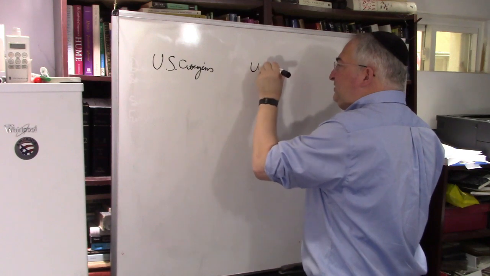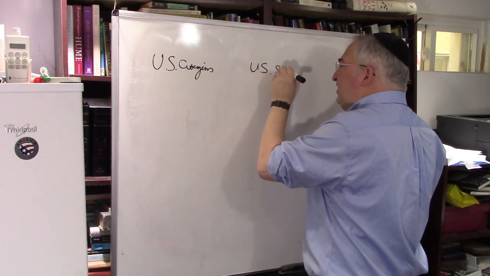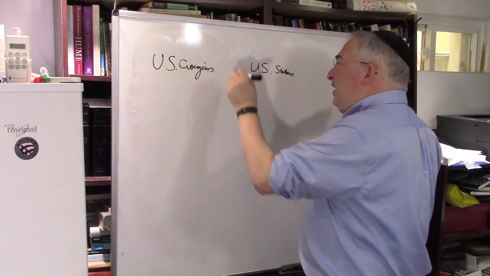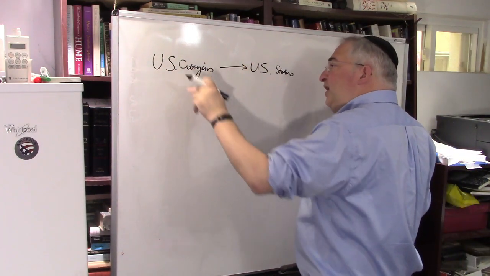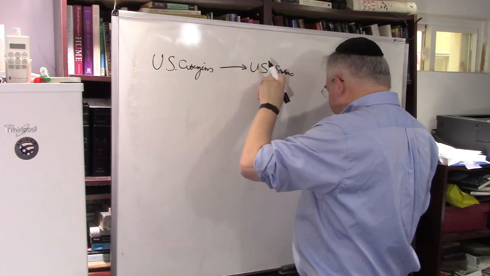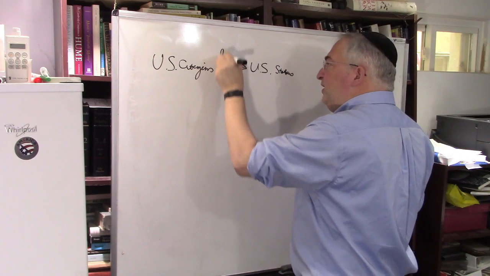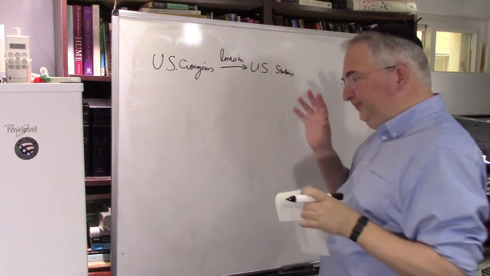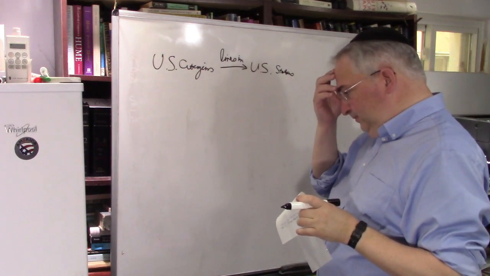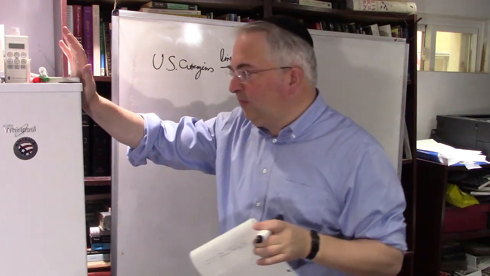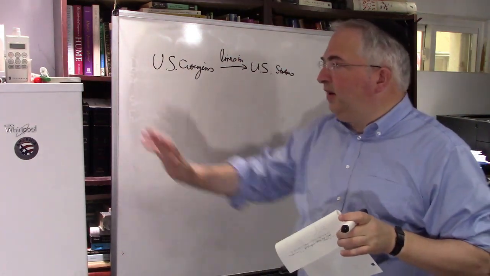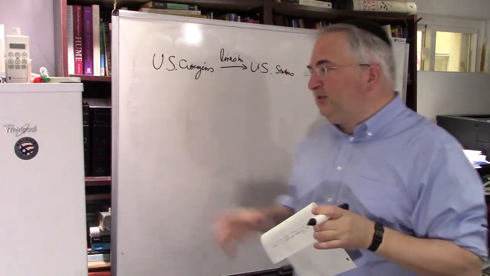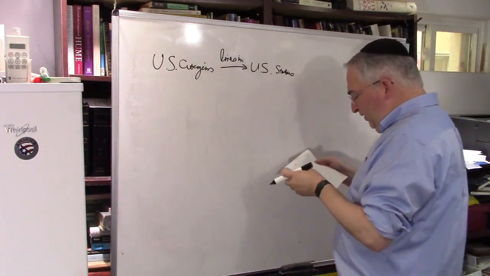U.S. states, there's 50 of those, and there's a function. Every citizen lives in some state. So we'll say lives in. Now that's not really precise, there are certain U.S. citizens who don't live in the United States. They're expatriates, whatever, but we're going to leave that alone. Okay?